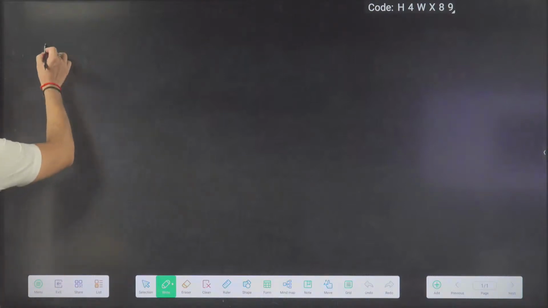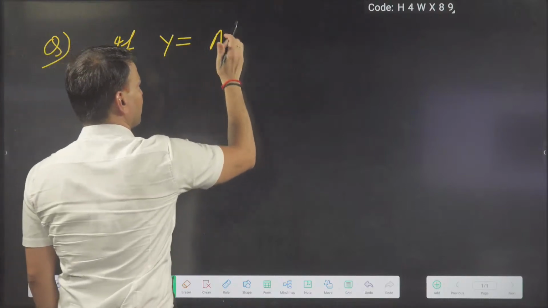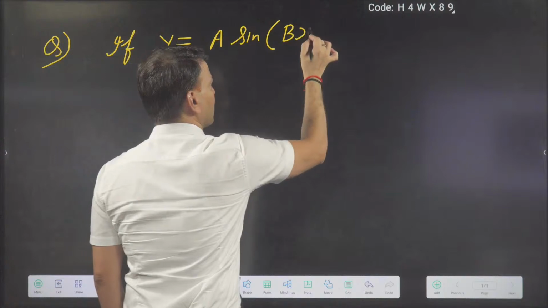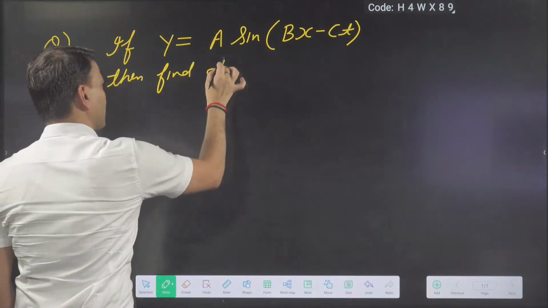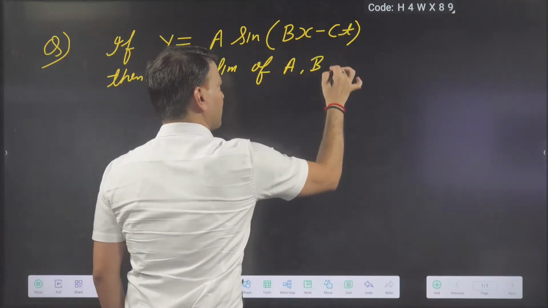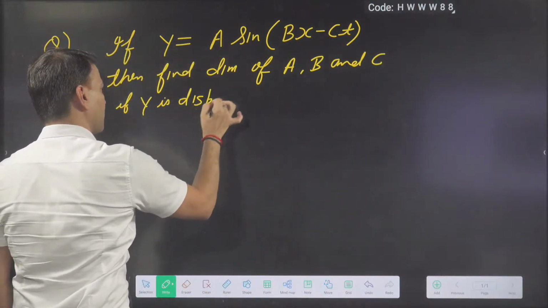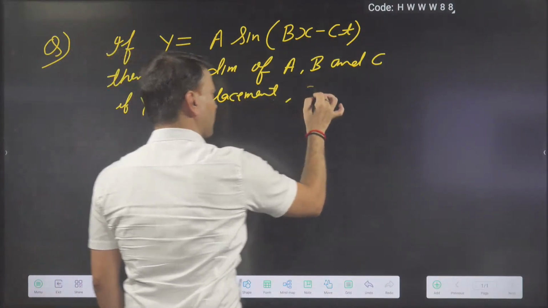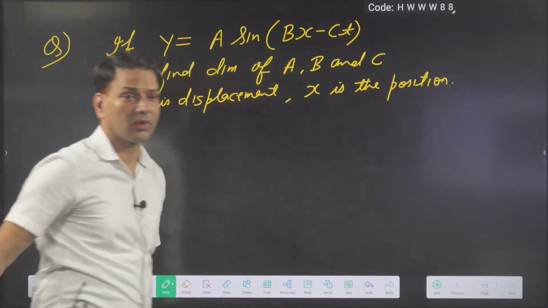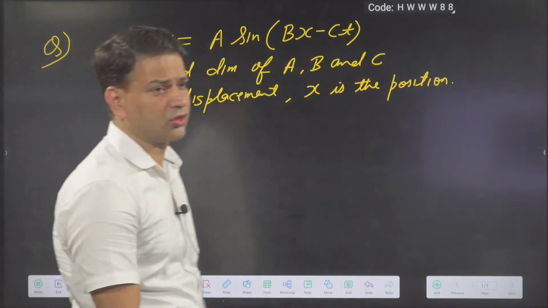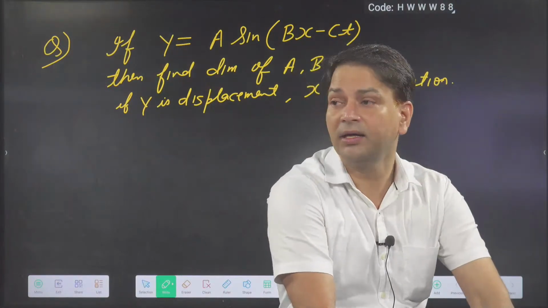Okay, so I will discuss some problems. Suppose I give the equation y is equal to a sin(bx minus ct), and I'm asking what is the dimension of a, b, and c if y is the displacement and x is the position.